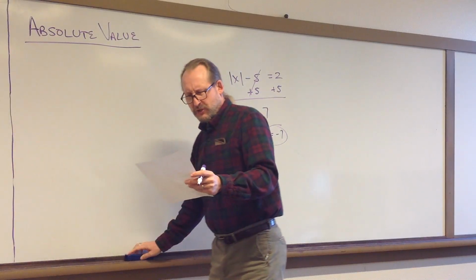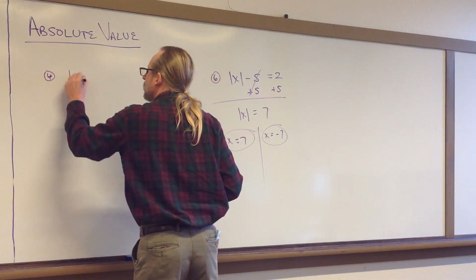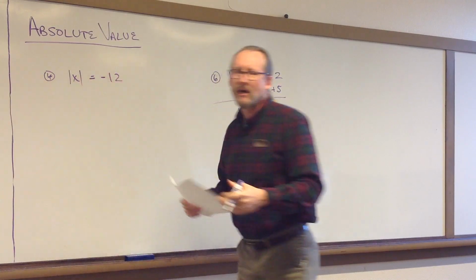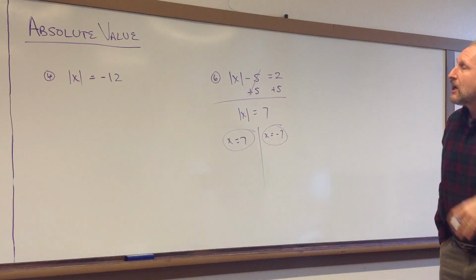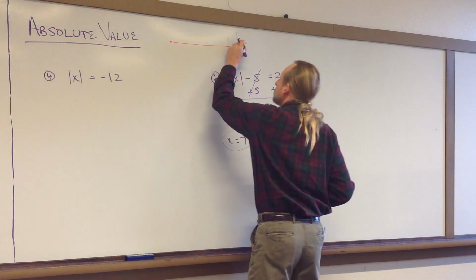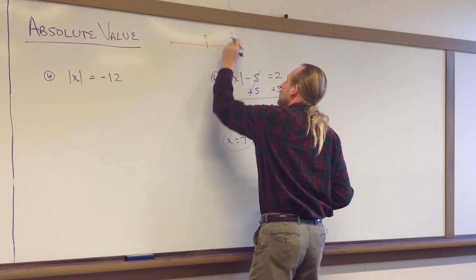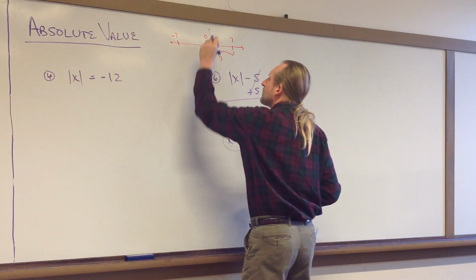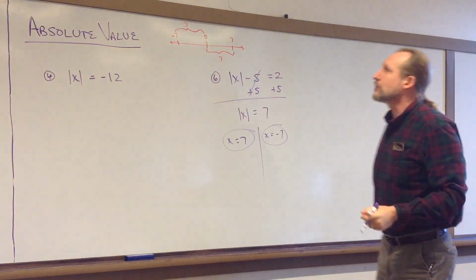Problem 4 is a trick question. This one says the absolute value of x equals -12. Well, so here's the thing. Because the absolute value denotes a distance from 0, these distances are always defined to be positive. Whether you're at 7, your distance there is 7, or you're over at -7, the distance there is also 7.